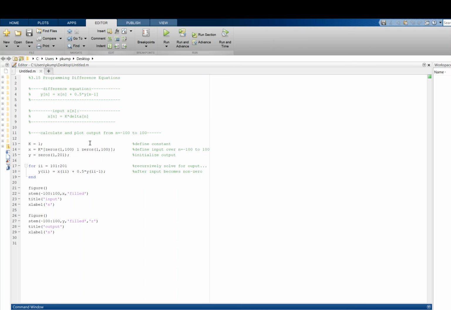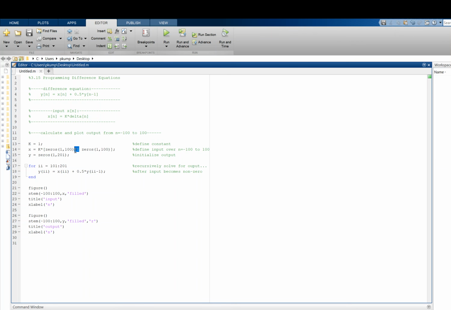If I want to plot an impulse, it would be 100 zeros, corresponding to negative 100, negative 99, all the way up to negative 1, then a 1 at the origin, and then 100 more zeros, corresponding to n equals 1, 2, all the way up to n equals 100. This is my input x, times k, because it's a scaled impulse.